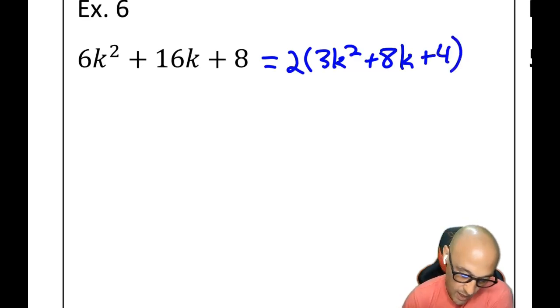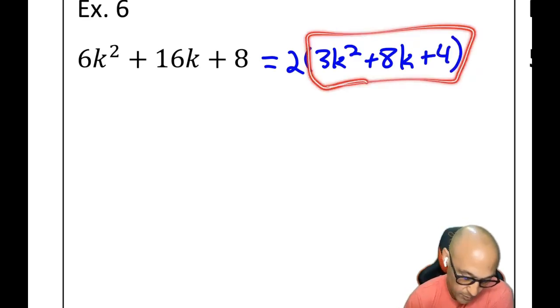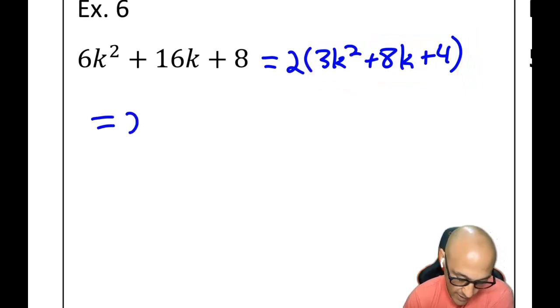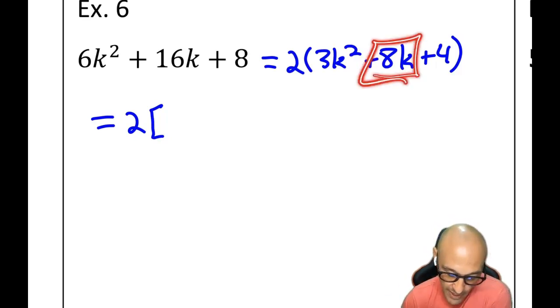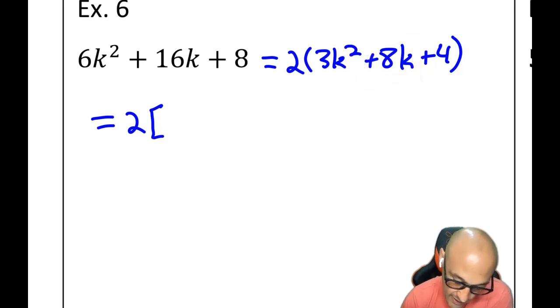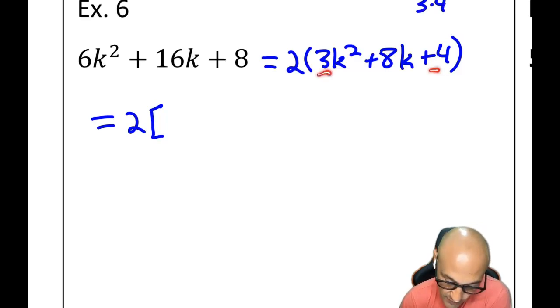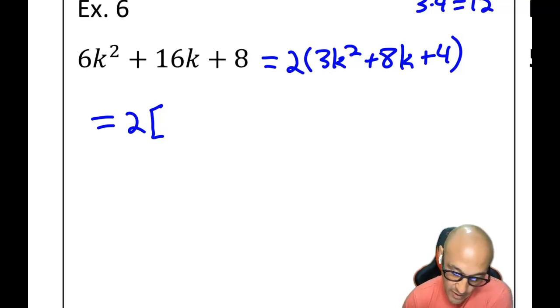So now we really are focusing on this part. So we have 2 times, and I'm going to use the square brackets so that I can keep track of where everything needs to be. Now I need to split apart my 8k. However I split it, the product needs to equal 12, like 3 times 4 is 12.